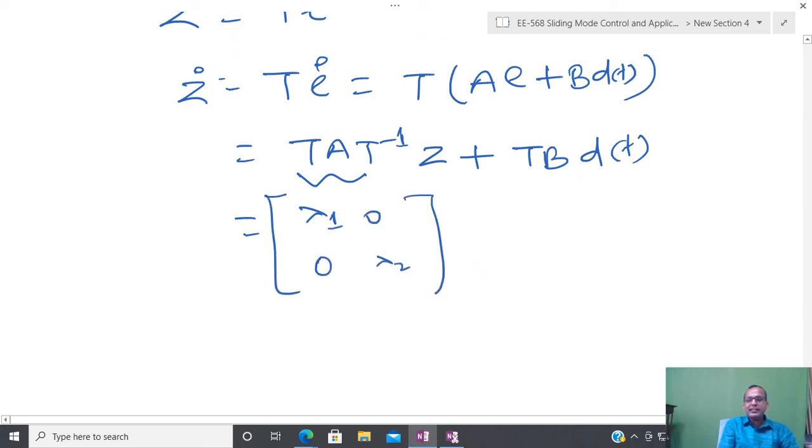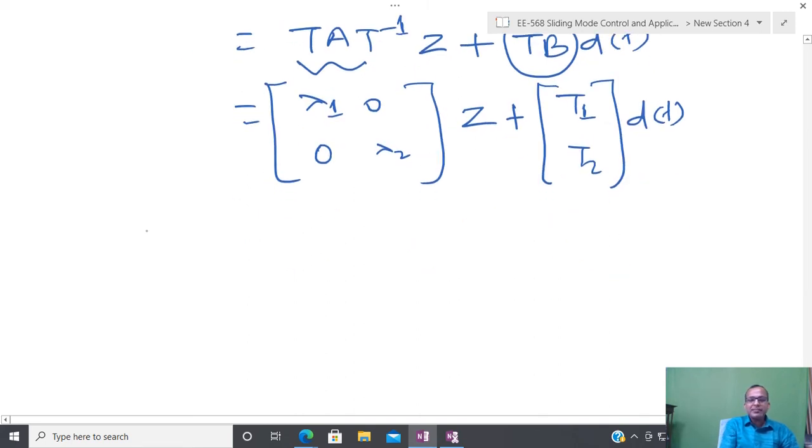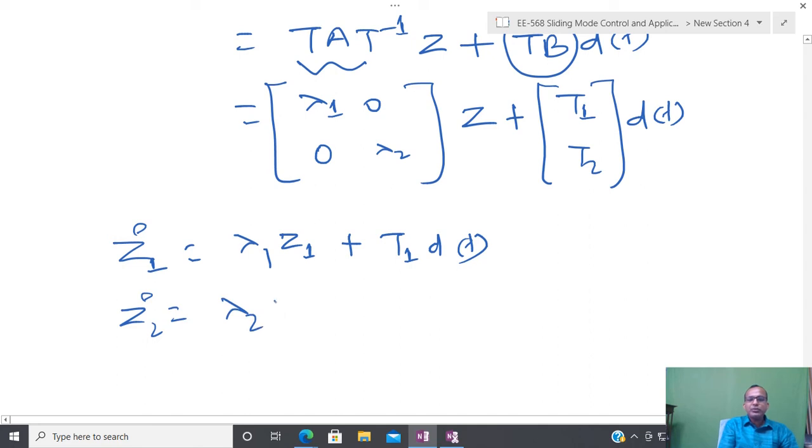Now T is a 2 cross 2 matrix, so if you multiply this, T1 and T2 come into the picture. So now I have Z1 dot equal to lambda 1 Z1 plus T1 into dt. Similarly, Z2 dot equal to lambda 2 Z2 plus T2 into dt.